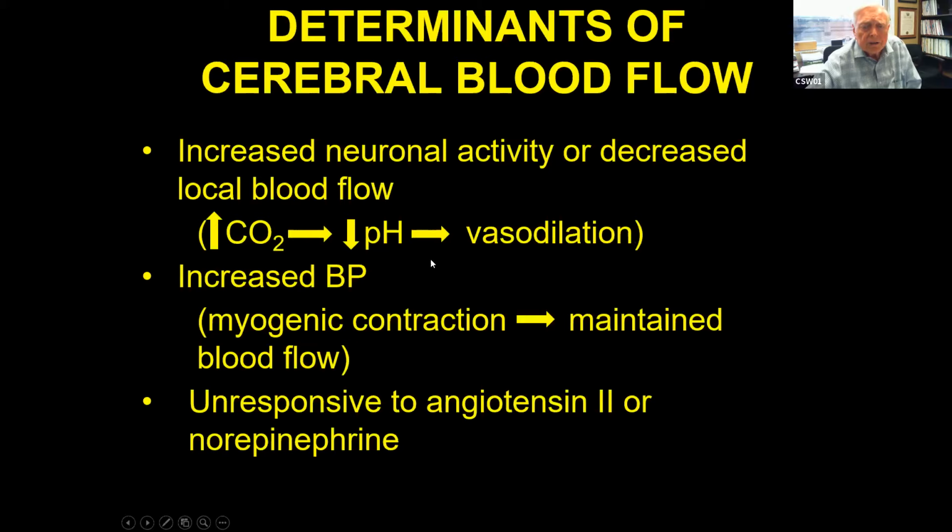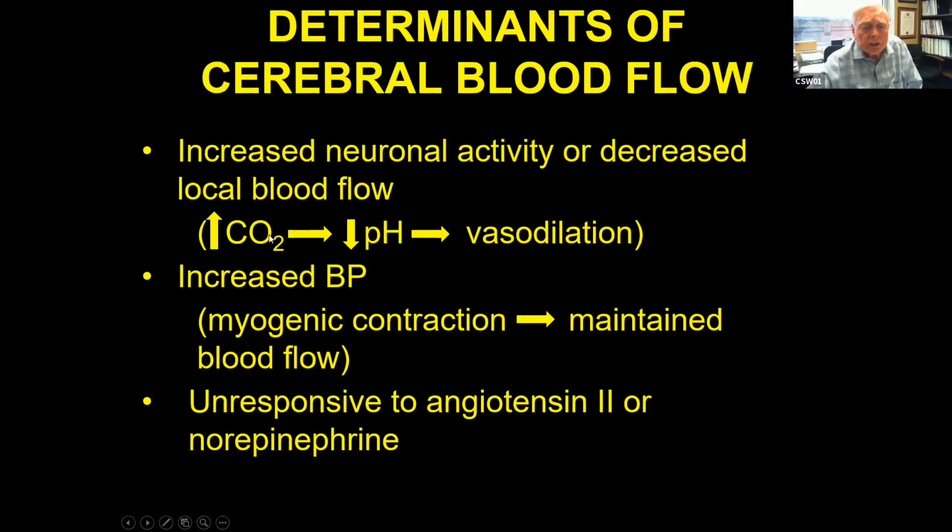And that is a very strong and rather specific cerebral vascular response. And it's the reason, for example, that on MRI, you can see areas of the brain that are being used. For example, the visual cortex, when a patient is looking, opens their eyes and is looking at an object, you can see with MRA increased blood flow to that region. And it's due to the CO2.